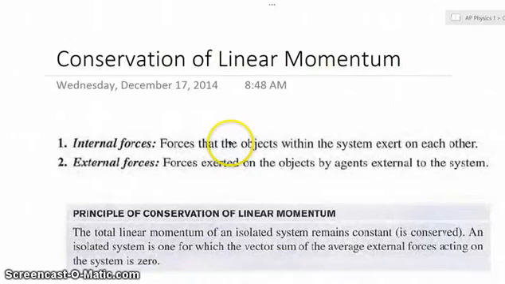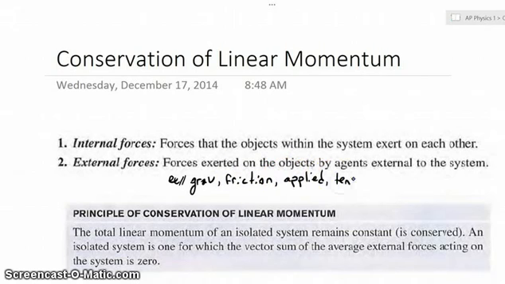External forces are forces exerted on the objects by agents external to the system. Examples of this would be gravity, friction, an applied force, tension. These are all things that could potentially be outside of the system.